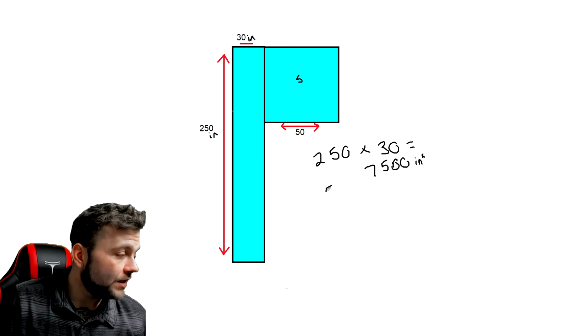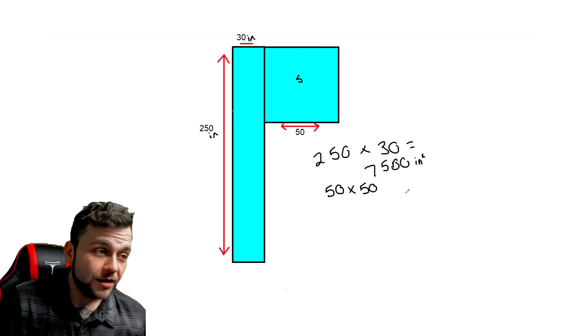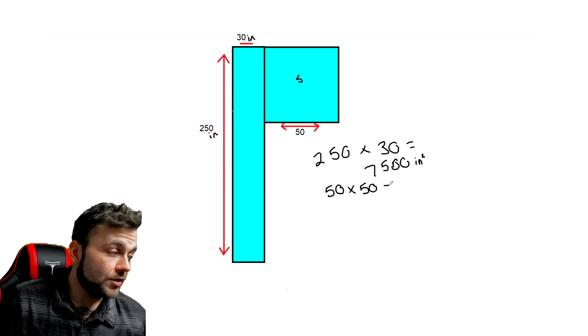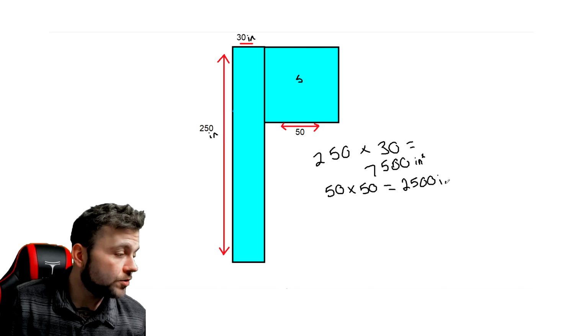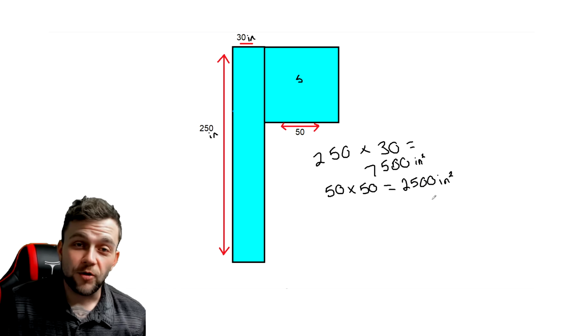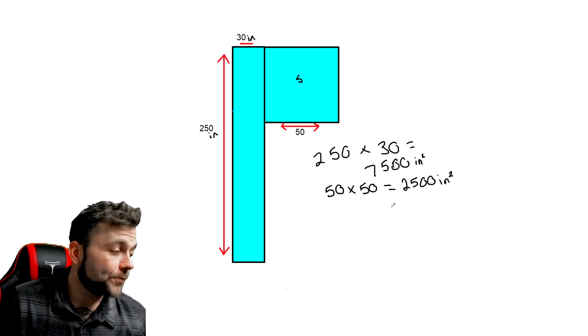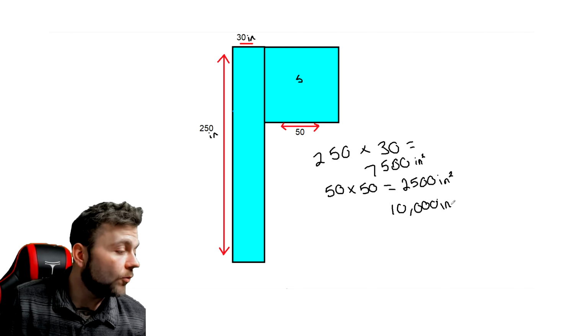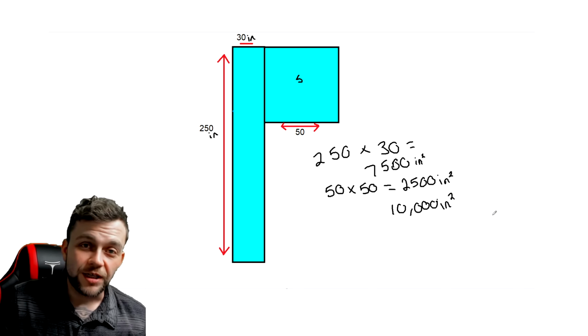So we have 50 times 50, which that would be, let's see, so that'd be 2,500. 2,500 inches squared. And when we add these two, 7,500 plus 2,500, we get 10,000 inches squared.